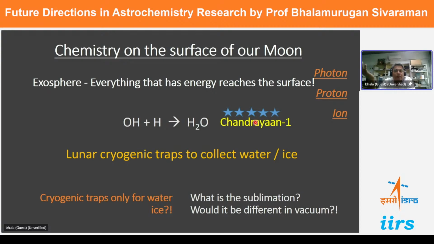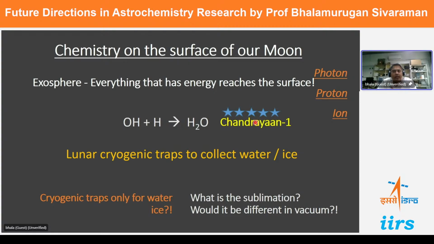The moment you reach our moon, we don't have an atmosphere there. What we have is called an exosphere, which does not contain a dense atmosphere. So what is the difference between an atmosphere and an exosphere? In an atmosphere the molecules are plenty and the distance between two molecules is of the order of a few microns. Whereas in an exosphere, the molecules don't collide that easily. They're far away from each other, of the order of a few kilometers.